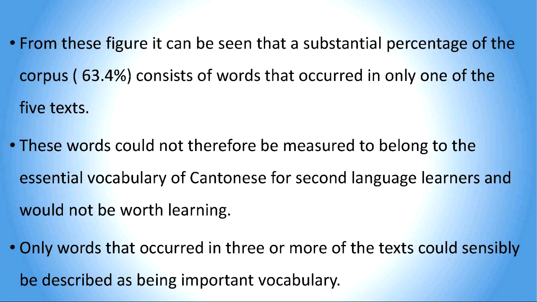Only words that occurred in 3 or more of the texts could sensibly be described as important vocabulary. So we have to think about the vocabulary that we will teach the student based on the purpose.